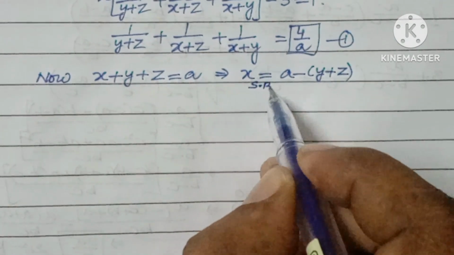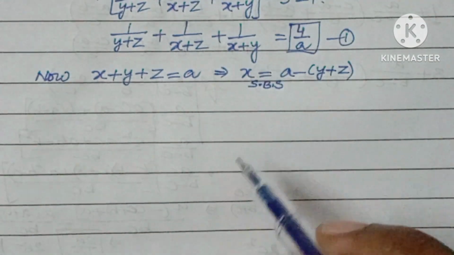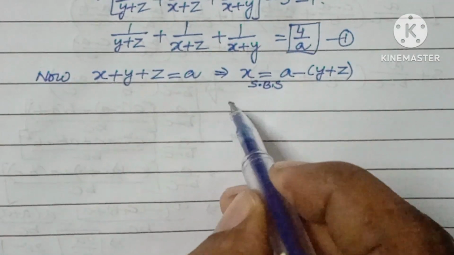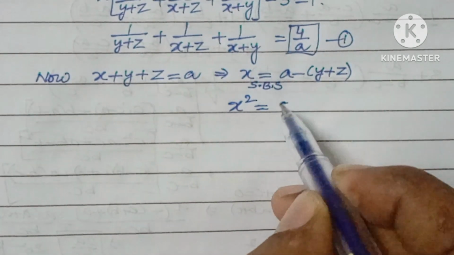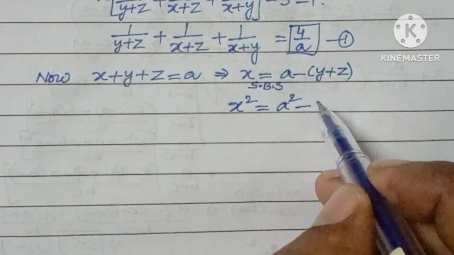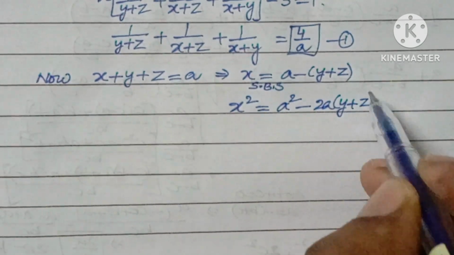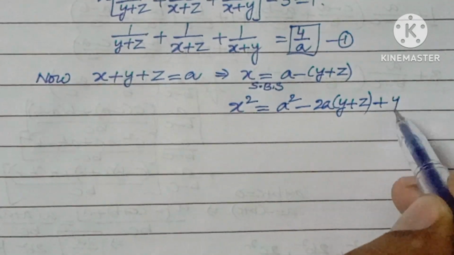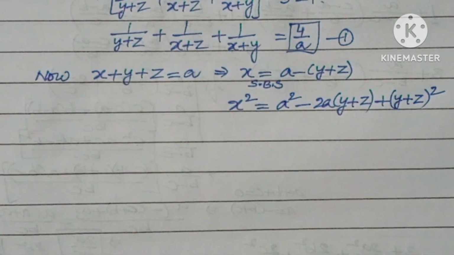Now squaring on both sides, since you want x square by y plus z. X square is equal to a square minus 2a into y plus z, plus y plus z whole square.